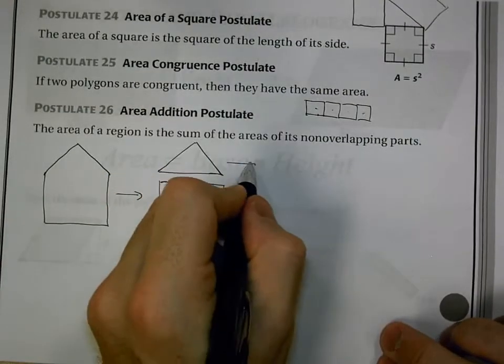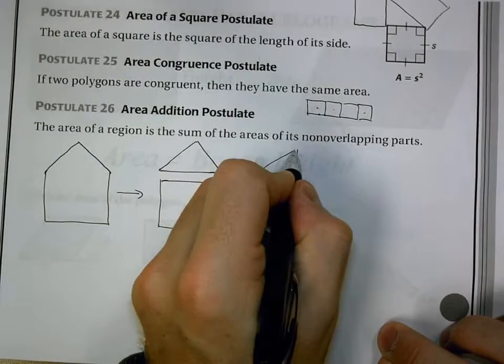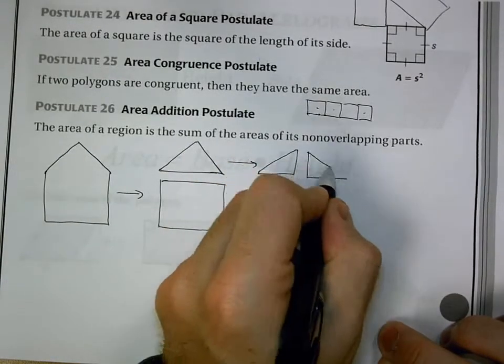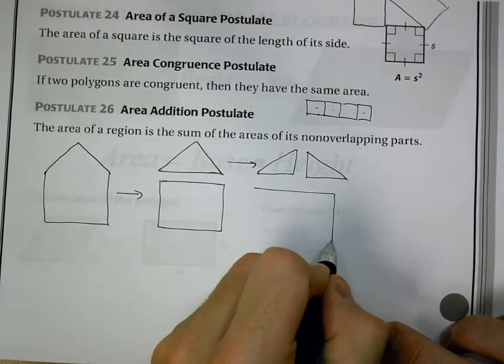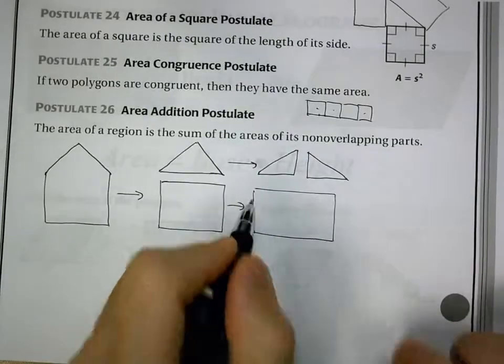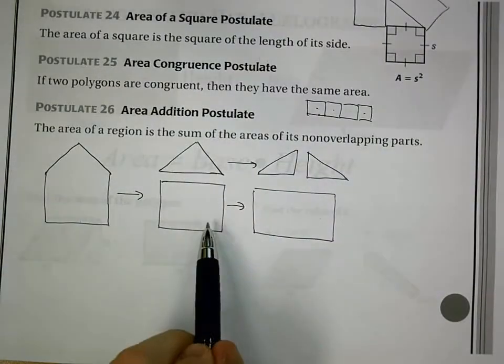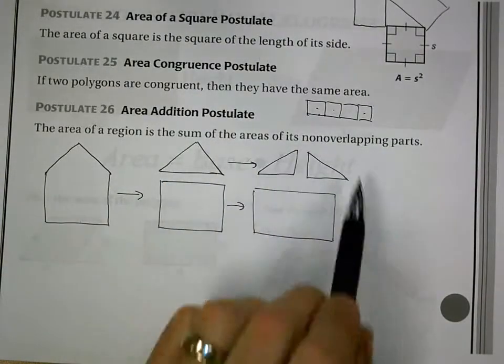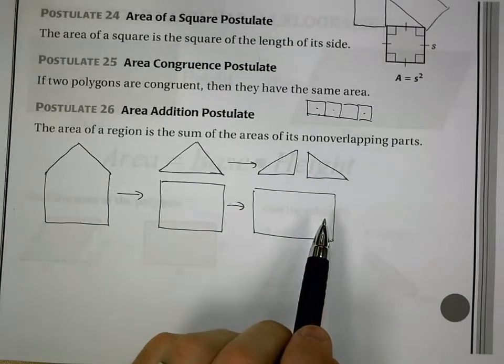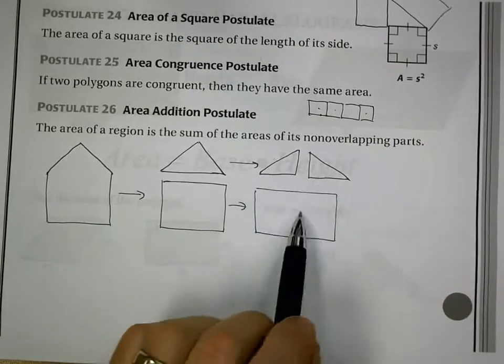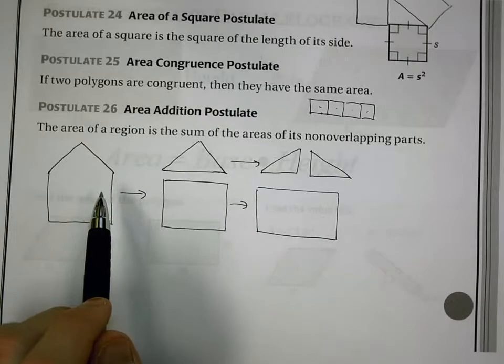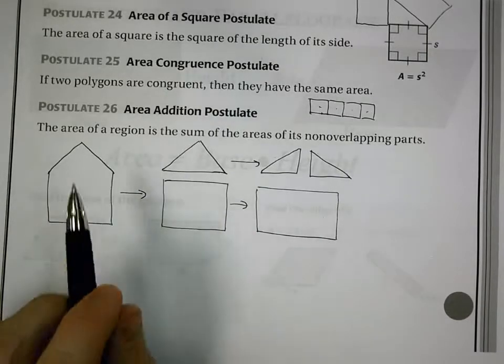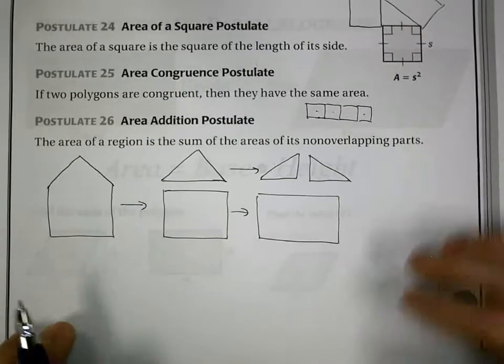Or I could go further and break that triangle up into two more parts. In any case, this sum of the areas, and this sum of the areas would all be the same because I can combine these areas to equal the whole thing. So it's something we can use if we don't have a formula for the whole thing, but maybe we can break up the parts and find it.